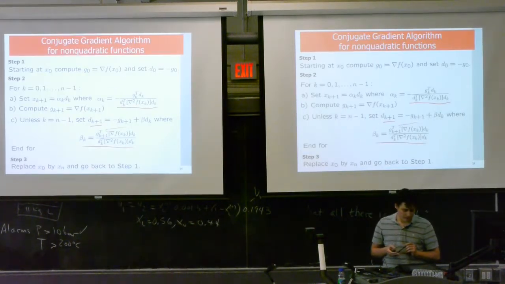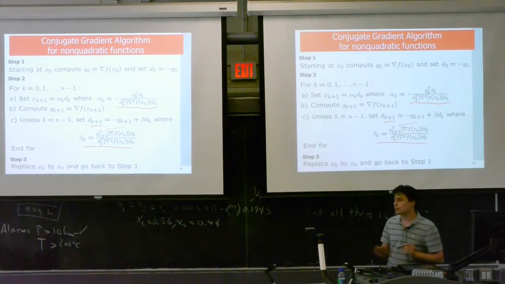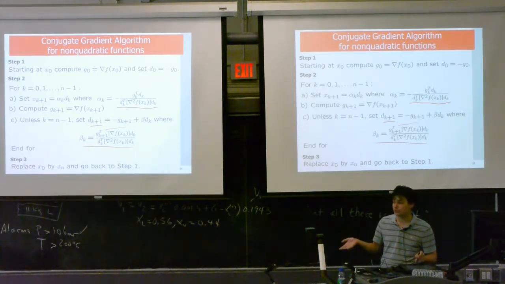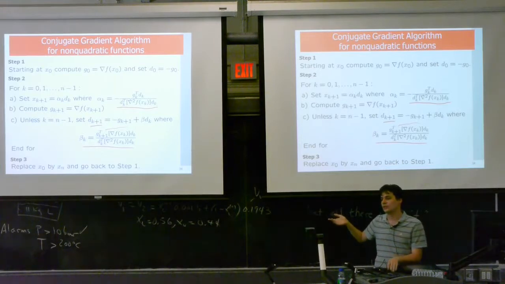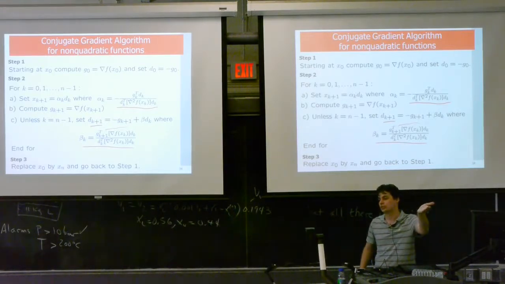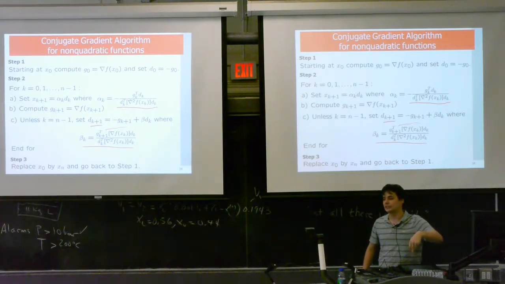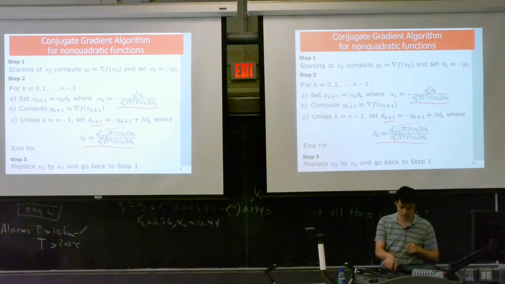Okay? So a nice property of this is that you don't need to do line search because alpha k is set to this expression, but the bad property of this algorithm is that you need to calculate the Hessian. So there's no free lunch here. Either you do line search, or, as here, we don't do line search, but we need to calculate the Hessian.